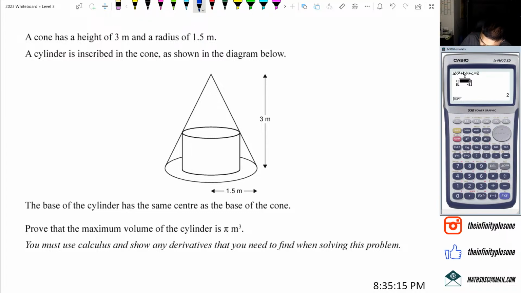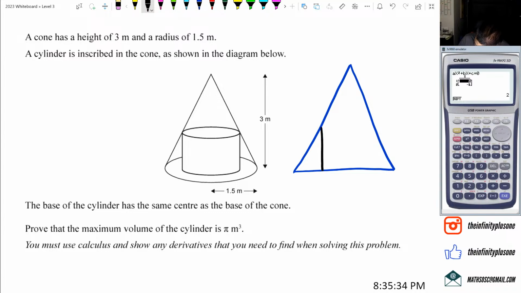So if you're stuck, here is a hint for you. Always look at a three-dimensional shape as two dimensions, and things will start to make sense. So here is the cone, and then we've got a cylinder here. This is the cylinder.